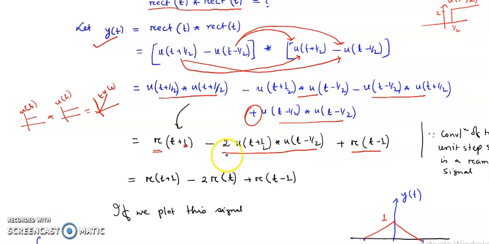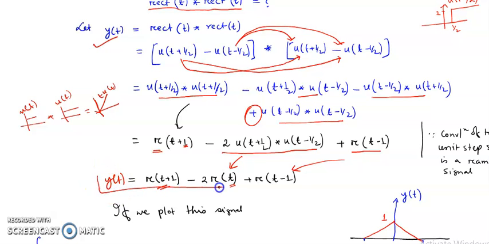The two middle convolutions give 2 r(t), since the shifts plus half and minus half become 0, so no additional shift, and we write minus 2 r(t). This is the overall signal y(t), the output of the two rectangular signals.